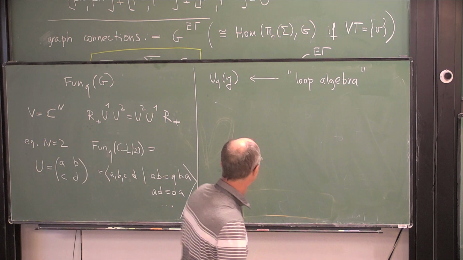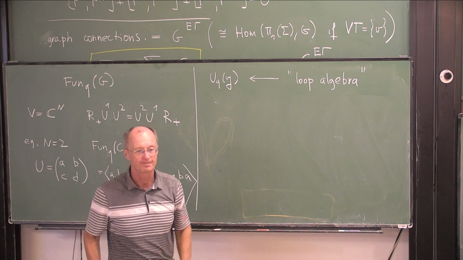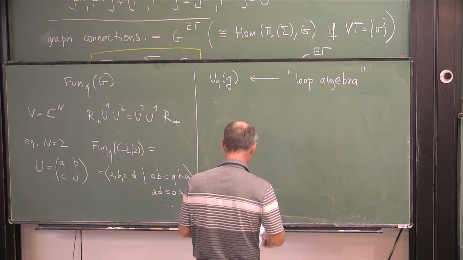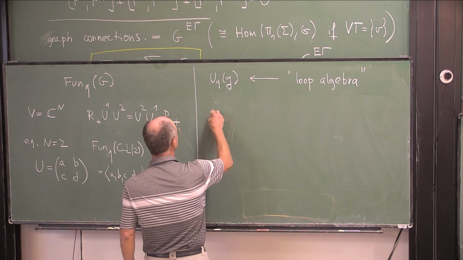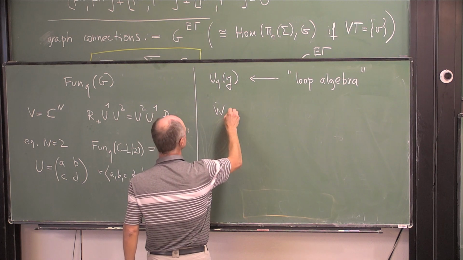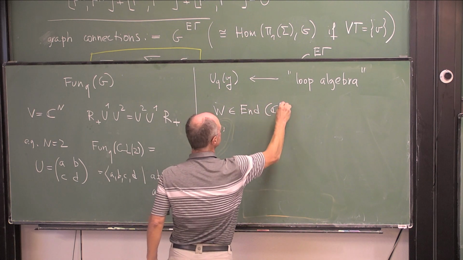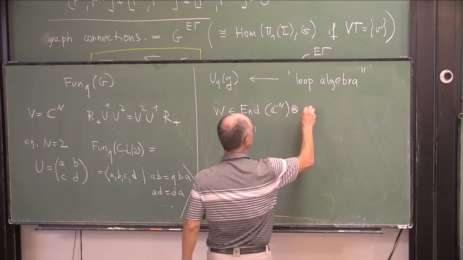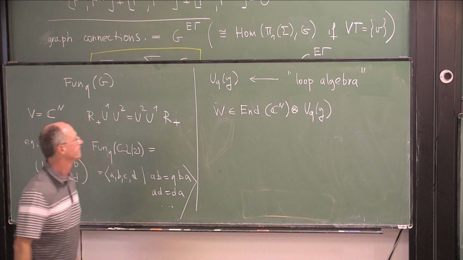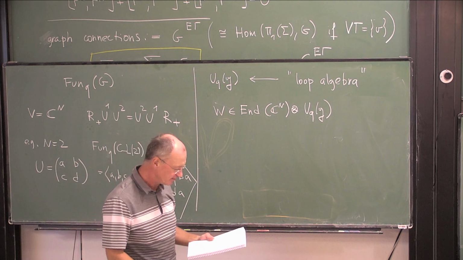But maybe we are somewhat more interested in this U_q(g). And here, let me denote it in a different way. So U and let's say W will be still an element of End(C^n) tensor U_q(g).